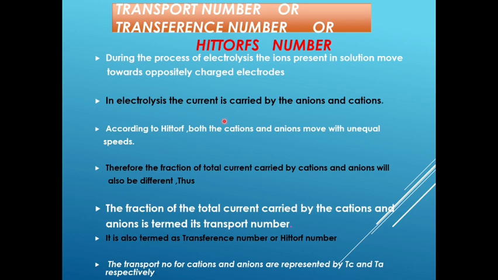The movement of ions is really responsible for constituting the electric current. Since the electric current is different in different compartments, the ionic mobility is different, or we can say the cations and anions move with unequal speeds.